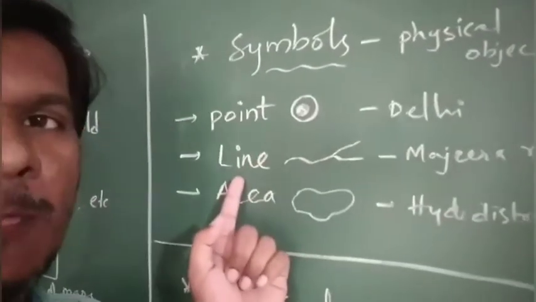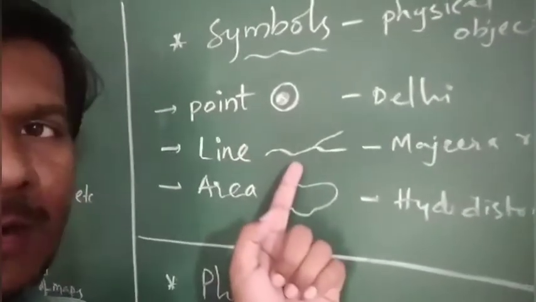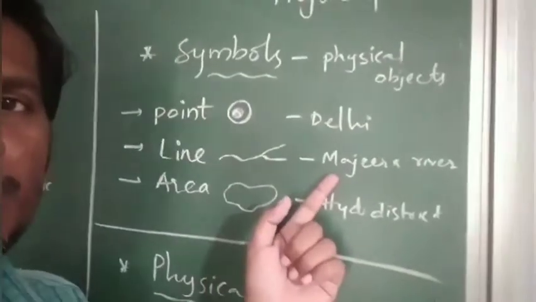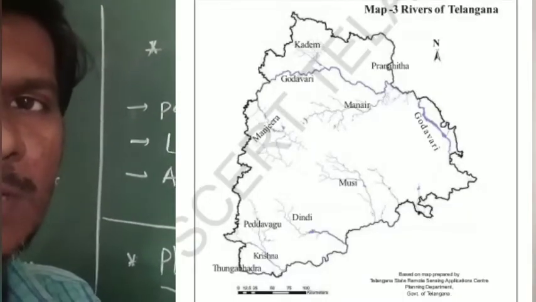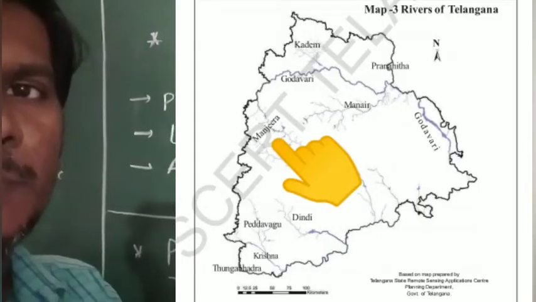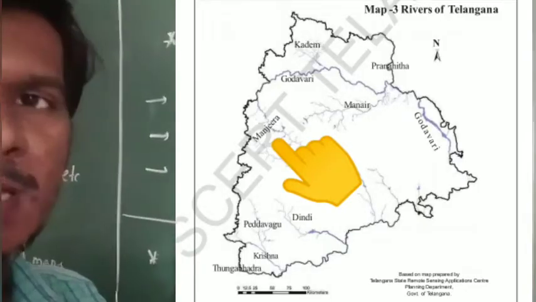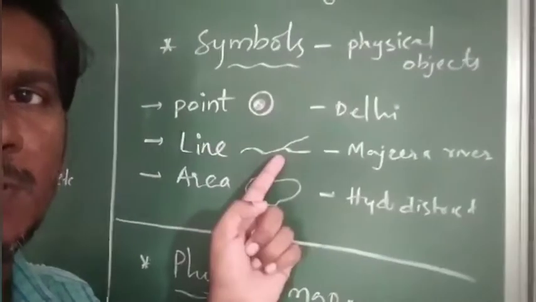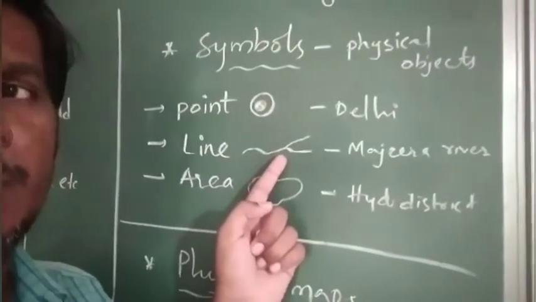Next, line. For example, the Manjira river. Manjira is a tributary of Godavari. How it is flowing and how it is ending, with one line we can understand on a physical map of Telangana.